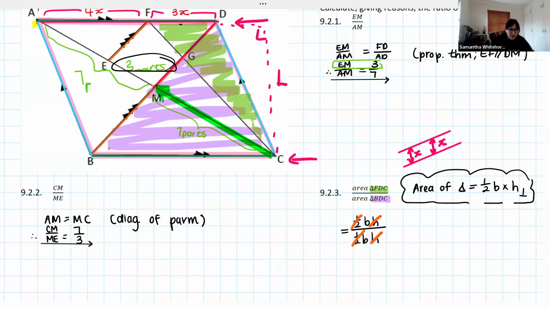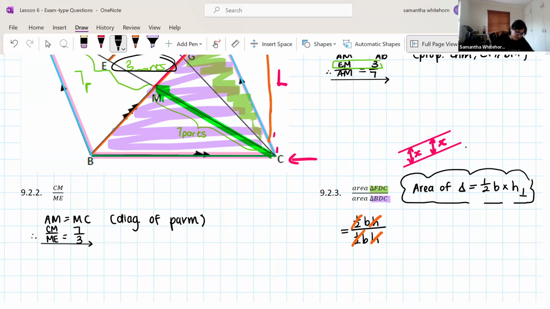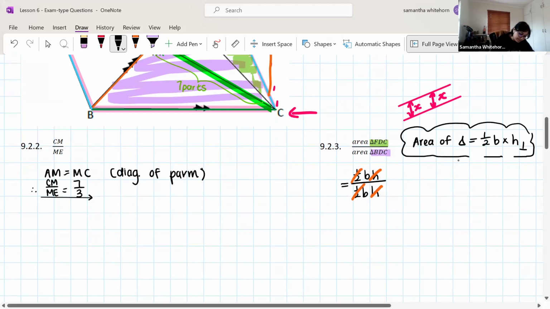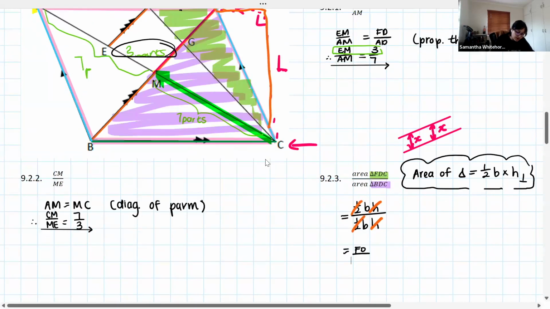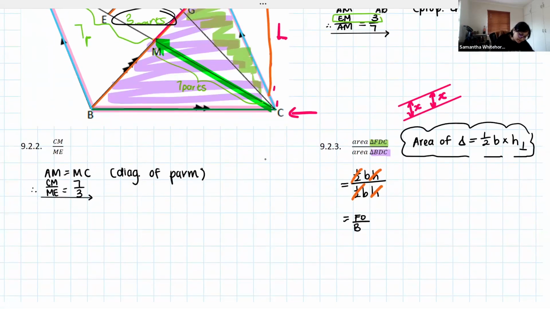If we then consider what the base lengths would be in these triangles, so look at the beautiful perpendicular height I've drawn. The base length in the green triangle would be FD, so it's FD over, and the base length of my purple triangle would be BC.